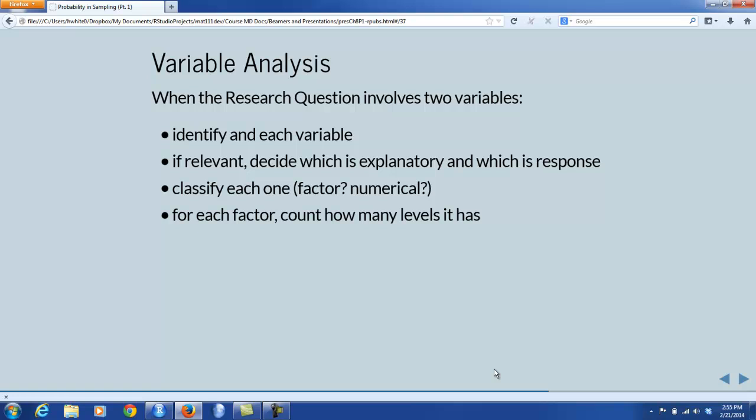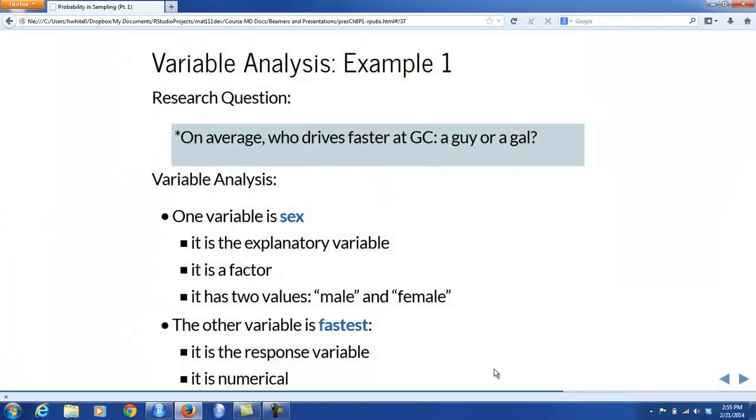Is it a factor variable? Is it a numerical variable? Also, for each factor variable that you find, count how many levels, how many possible values that factor variable has. I cannot stress enough the importance and helpfulness of variable analysis. So let me give you some examples of how helpful this is.